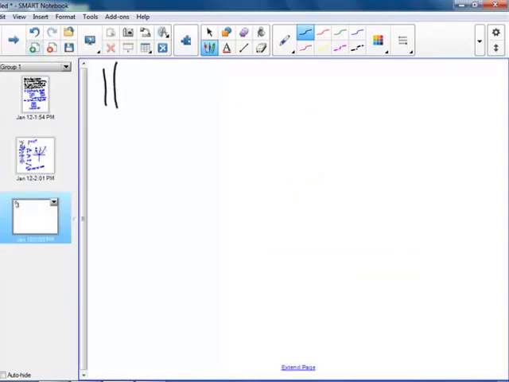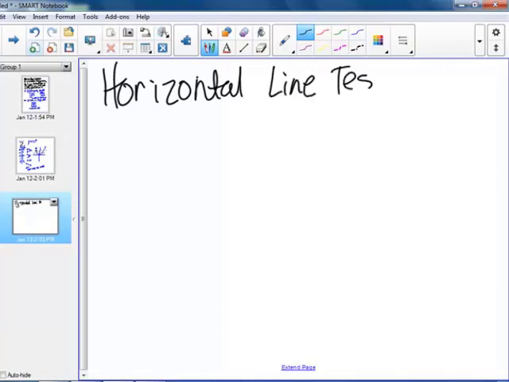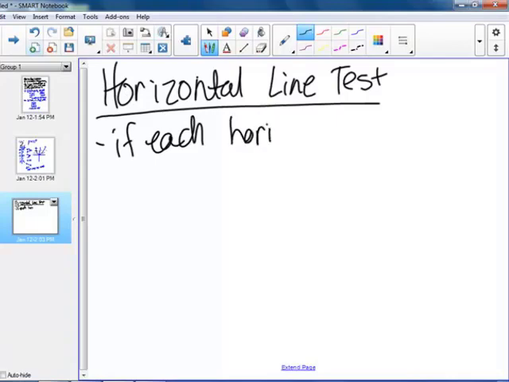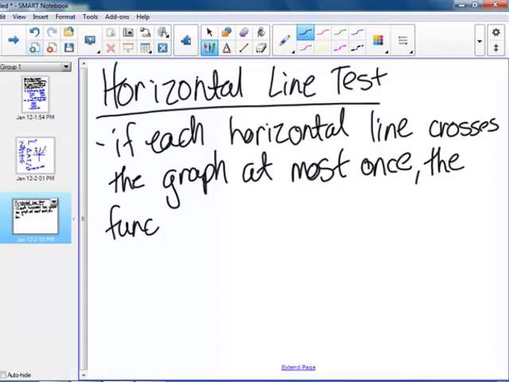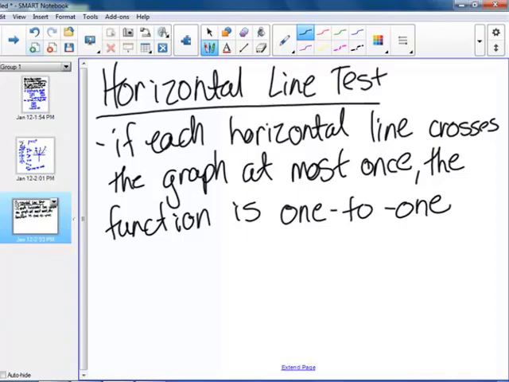Okay, so the horizontal line test says if each horizontal line crosses the graph at the most once, the function is one-to-one.